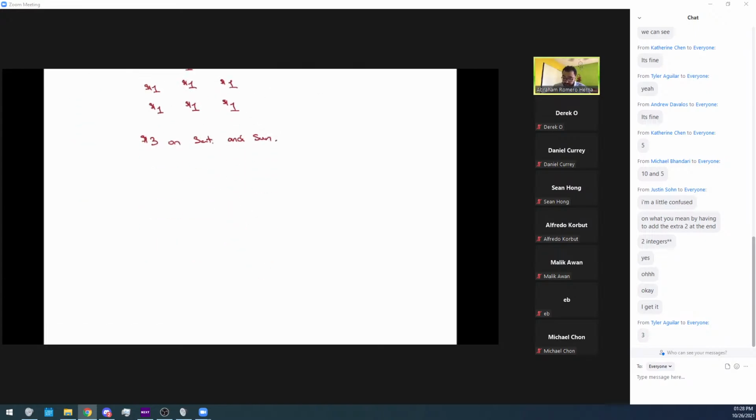Okay. Let's try another one. Suppose that 50 balls are placed into 7 boxes, where each box must contain at least 1 ball.